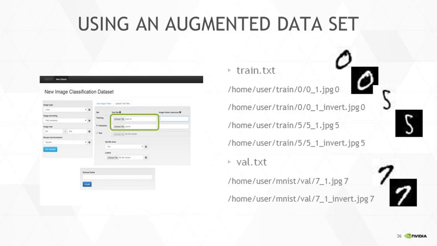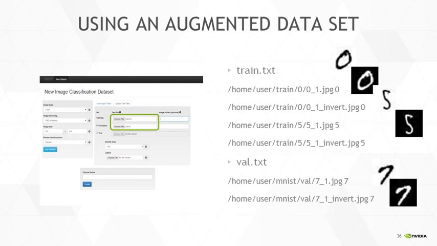What you don't want is the original and the inverted copy to exist in both your training and validation data, because you want to validate and test the accuracy of your trained neural network on data that it hasn't seen before. So you don't want the original data plus its copies, whatever variation you have on the original, to exist in your validation data set.